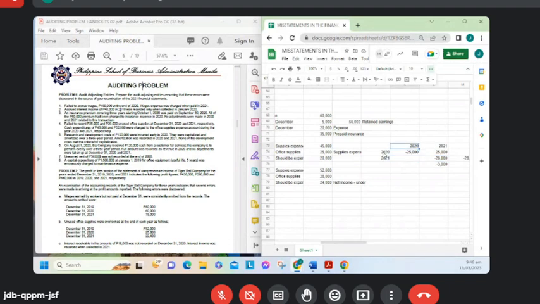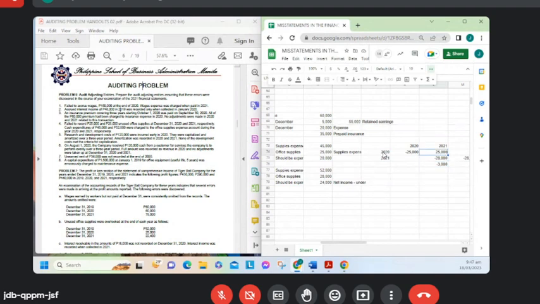So yung 2020 will be first expense out in 2021. So resulting to understated expenses.